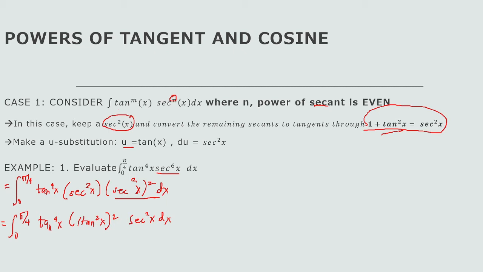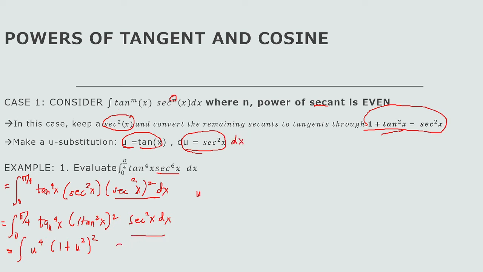Then the next step is to use u substitution. So this is u to the power of 4, then 1 plus u squared, squared. Let me go back to u, okay? So u is equal to tan x, right? du is equal to secant squared x dx.